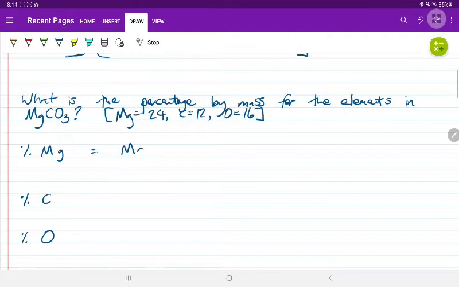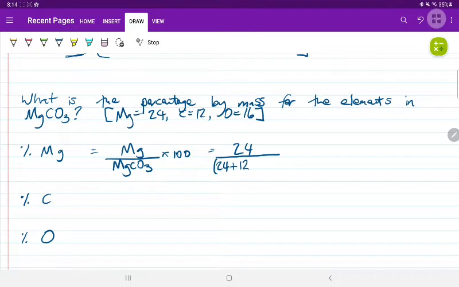So you need the mass of magnesium divided by the mass of the whole thing, and then you're going to multiply that by 100. So the mass of magnesium is 24, and we need to figure out what the RMM of magnesium carbonate is. So 24, carbon is 12, and then we have 3 times oxygen. So we need to figure out what is 24 divided by 24 plus 12 plus 48.